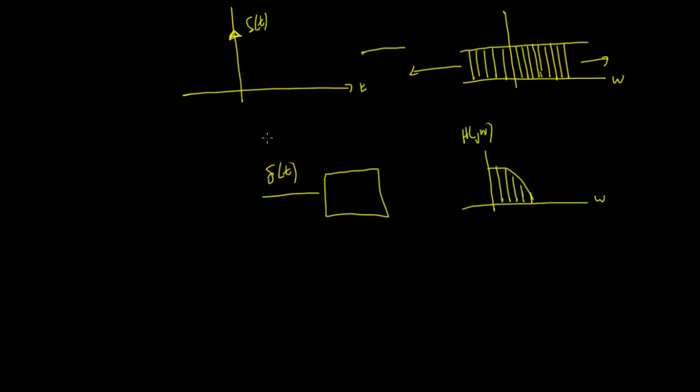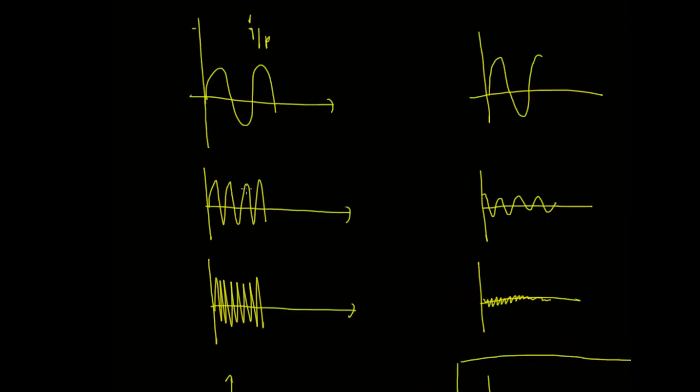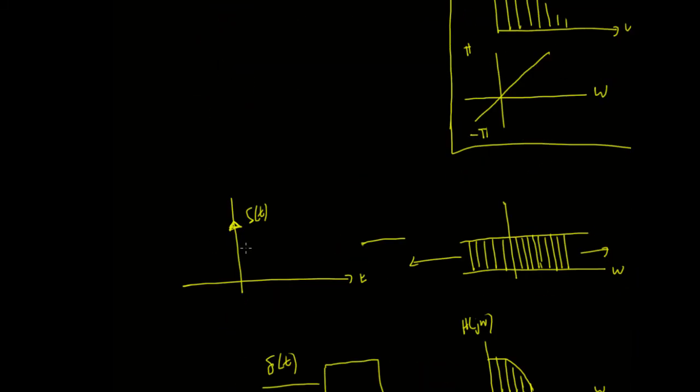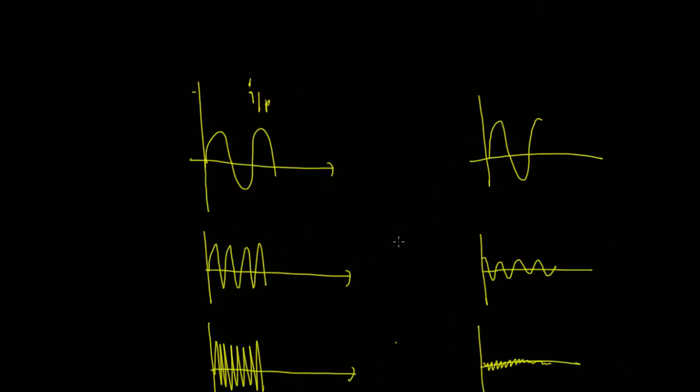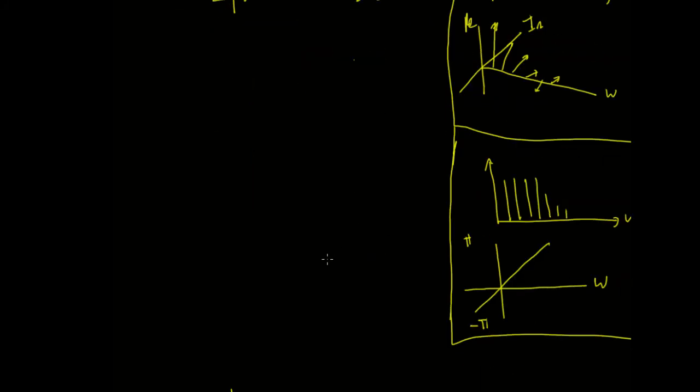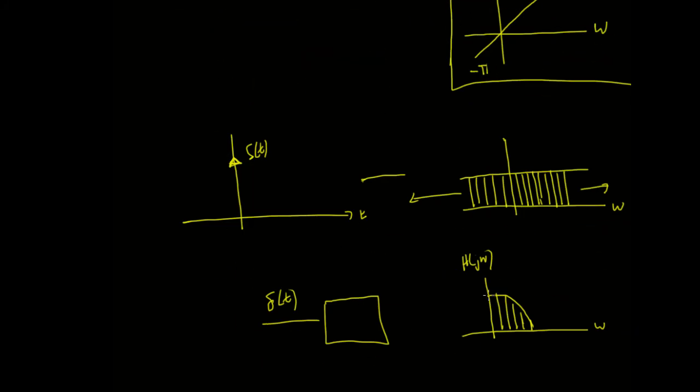So when you put this signal in, it's equivalent to putting all of these in all at once, and what you're going to get out is the outputs all at once. So the output you're going to get out here is your frequency response. So that is the crux of the frequency response method.